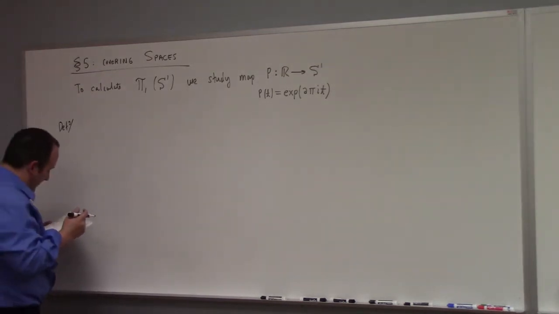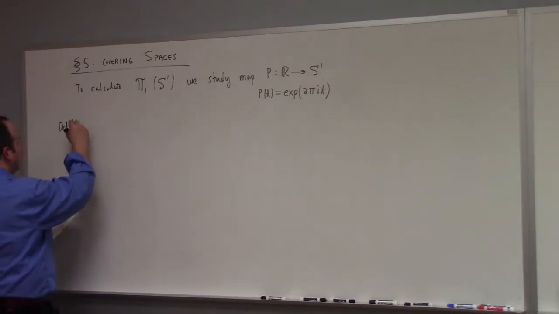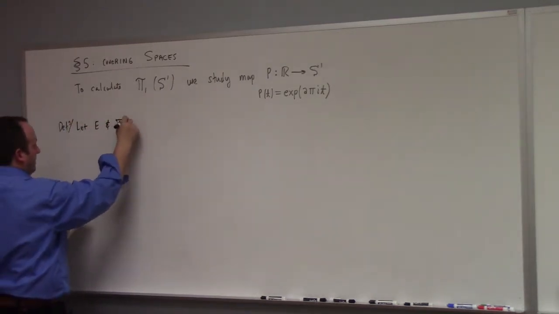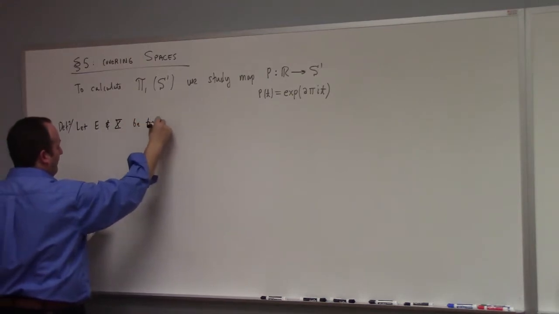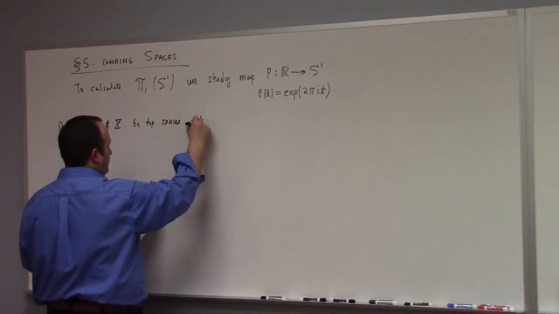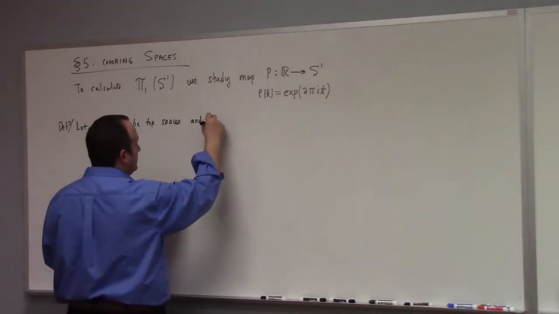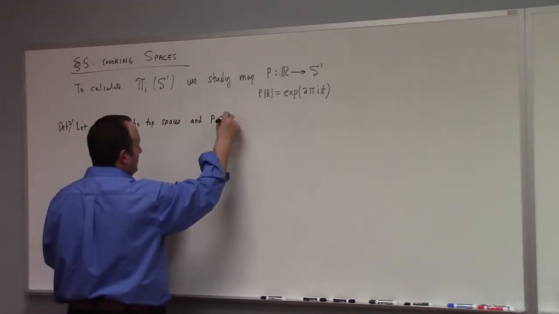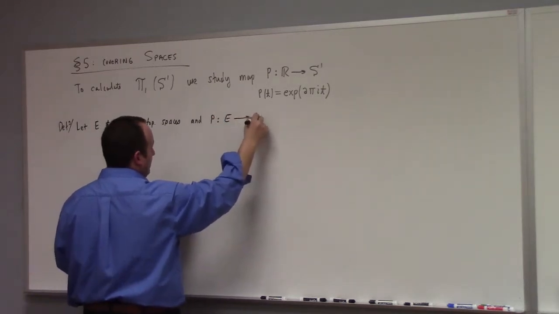Let E and X be topological spaces, and P be a mapping from E to X.